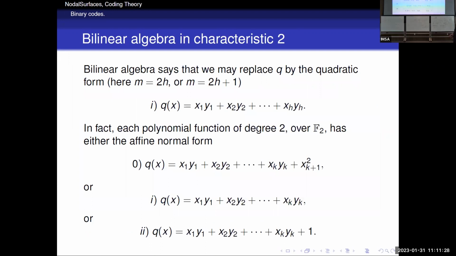And now something we never do in linear algebra because time is never enough, but it's interesting. We never do quadratic forms in characteristic 2.